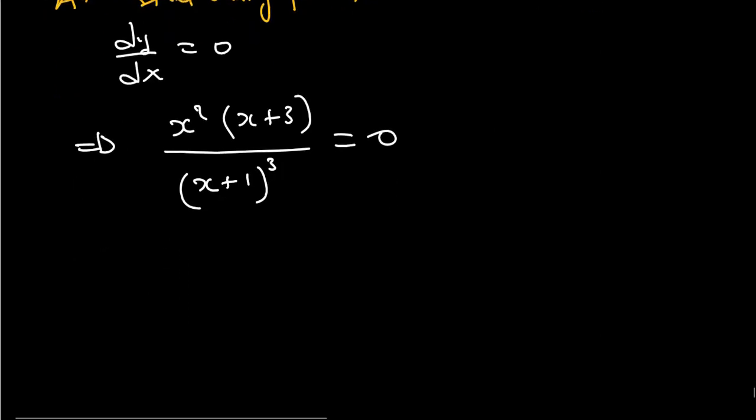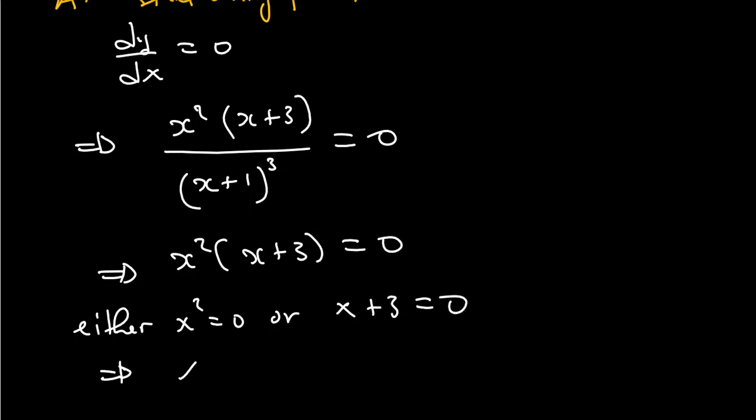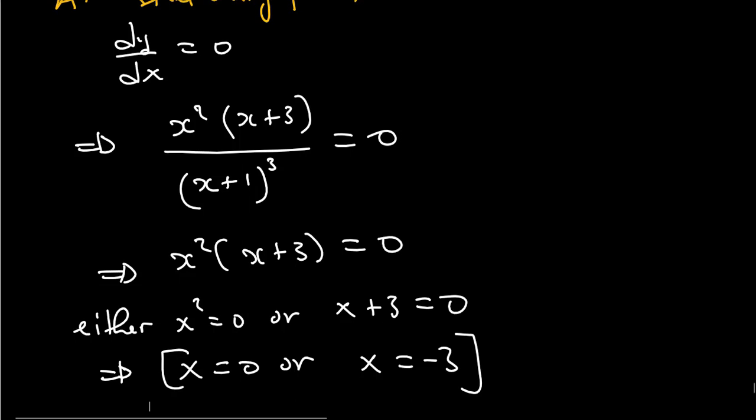So let's solve for the zeros. This means we have x squared into x plus 3 equal to 0. So either x squared is equal to 0 or x plus 3 is equal to 0, from where we get x is equal to 0 or x is equal to -3. So that is the x coordinate of the stationary point.